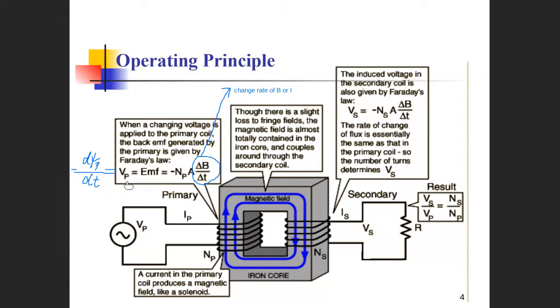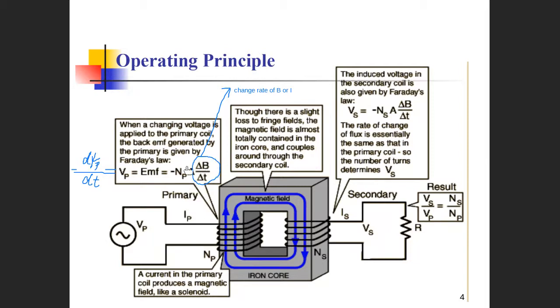The voltage applied here is used to overcome the induction on the coil. The induction on the coil is d phi p, the total flux linkage, which is the turn number times the cross-section area of the coil times the flux density.